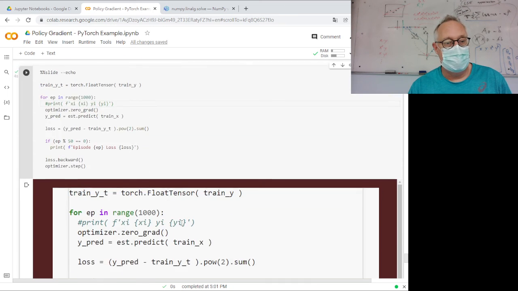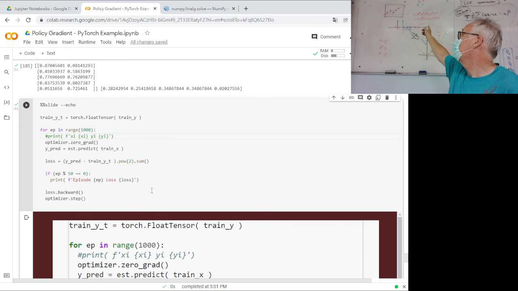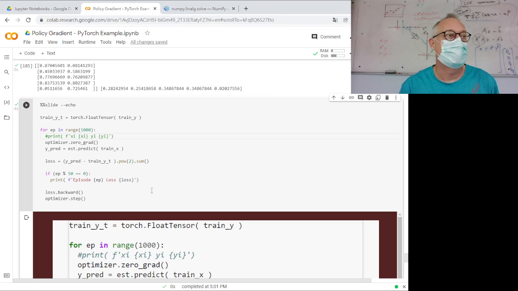So a fairer comparison would be to train the network with 6 inputs, like x squared, x cubed, y squared, y cubed. Because the network already has a bias term, so I don't really need a constant. But if I want to, I could add a 1 there. That would be a fairer comparison.